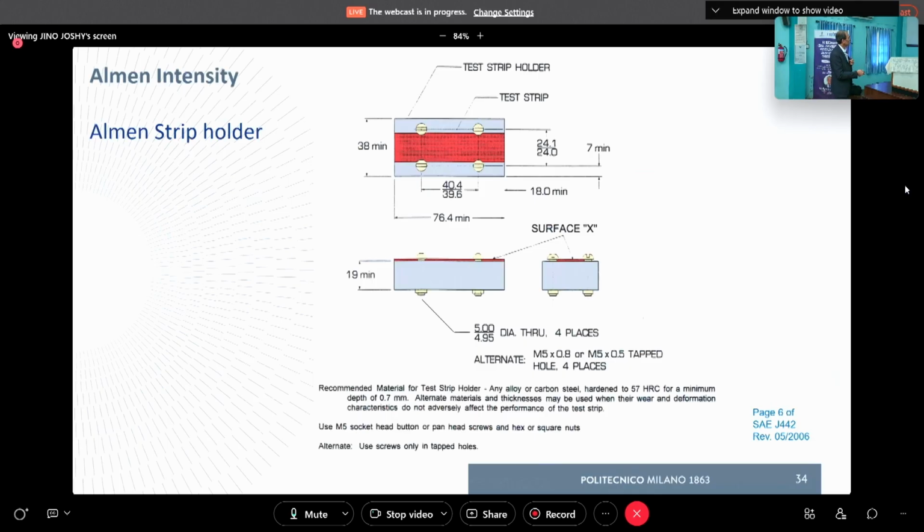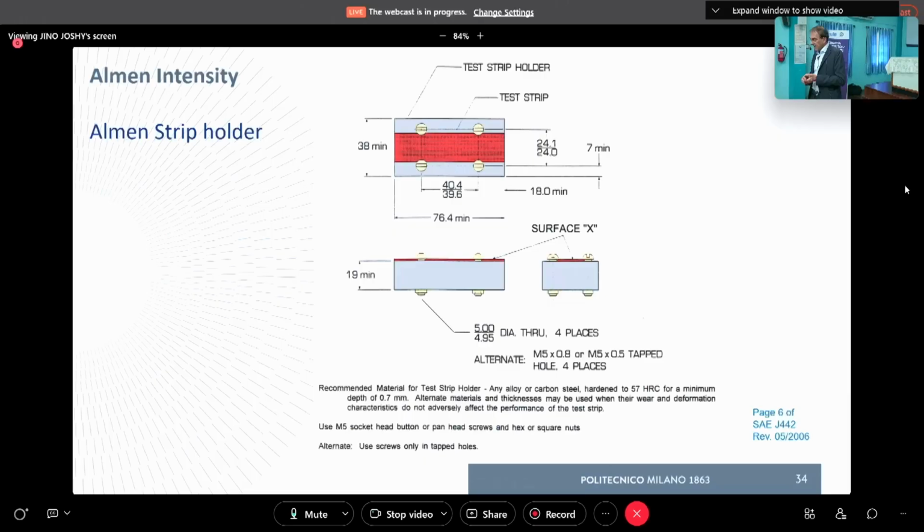This is the holder. Which are the characteristics of the holder? It must be rigid. You see that the thickness is 19, to prevent that possible deformation of the holder itself influences the result.